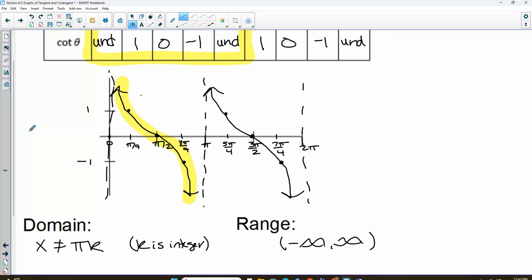All right, even or odd. If I drew this on the other side of the axis, my pattern is just going to continue. Is it the same if I reflect it over the y, or is it opposite? It's opposite. So cotangent is again odd.